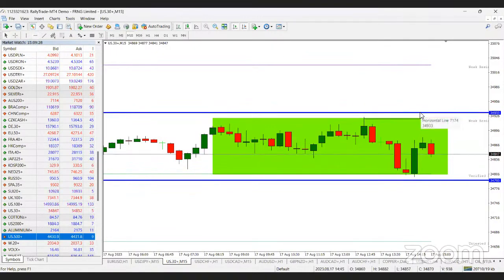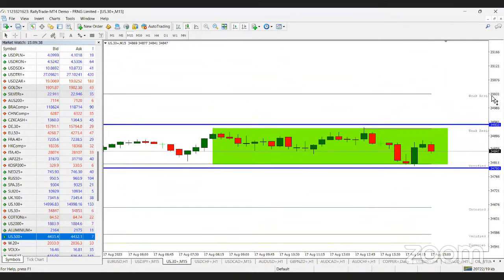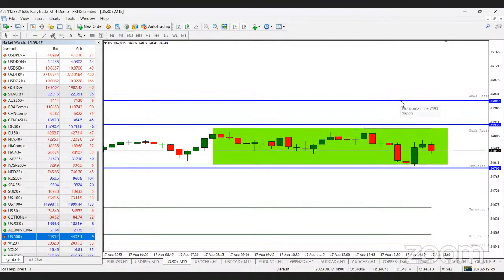So let price conveniently break 34930. Let it break above 34930 before you consider a buy. And if it breaks that way, you can look out for a buy till this weak resistance, 35,000. So you can buy from 34930 to around 35,000.